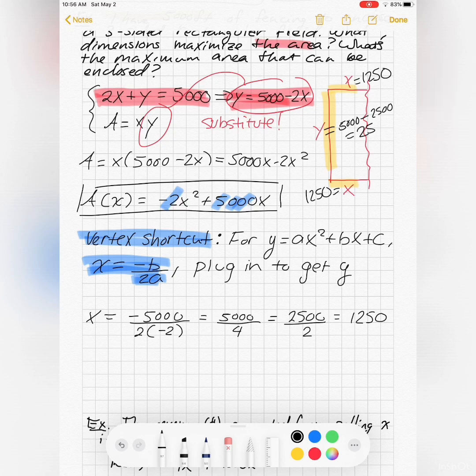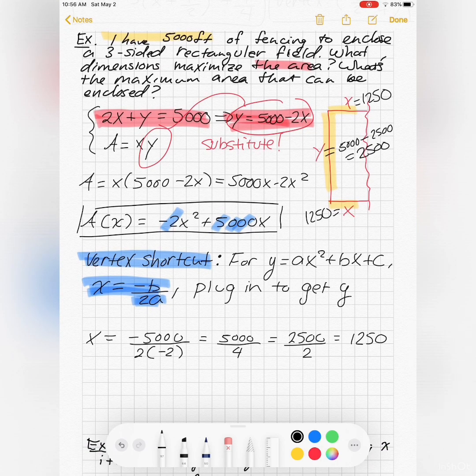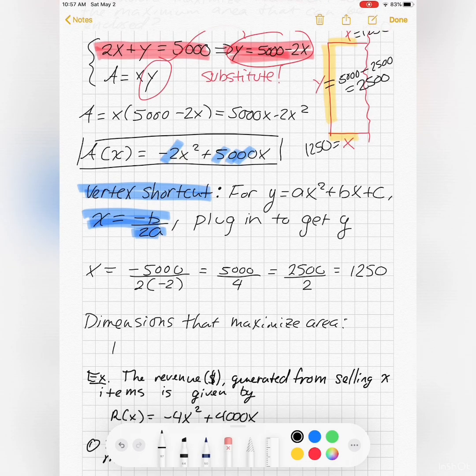So wouldn't that have to be 2,500? Okay, so let me see if I can write a statement then. The dimensions that maximize the area would be 1,250 by 2,500. Make sure you include the units, feet.